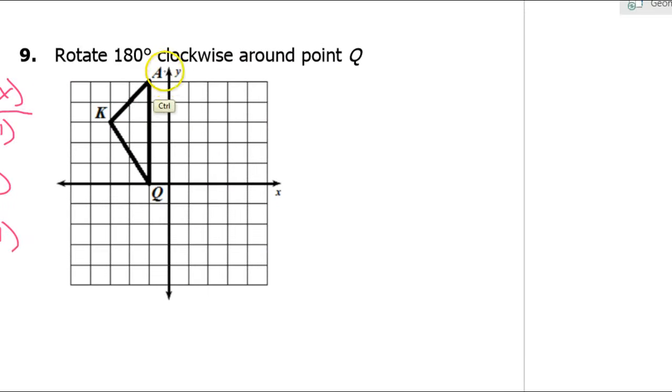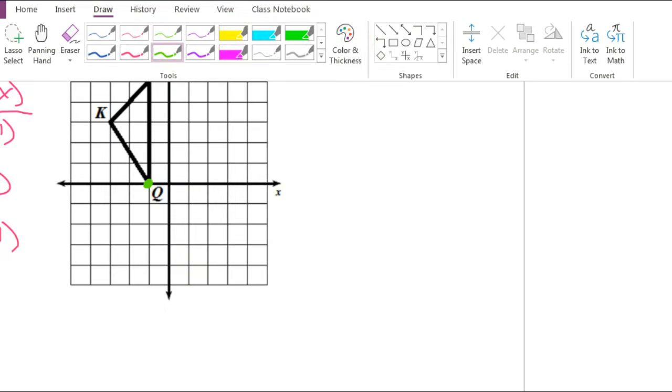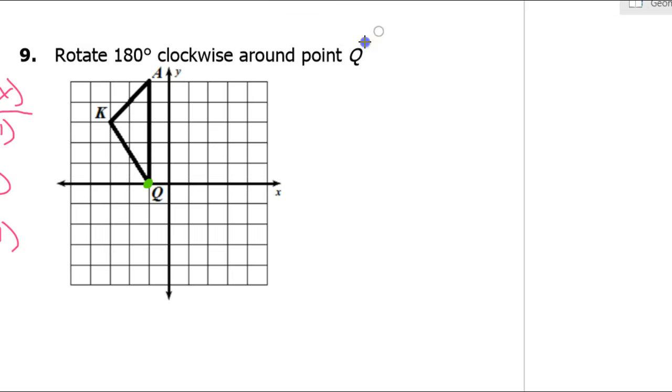How about a 180-degree rotation around the point Q? So the point Q is right here. That is not the origin, so we will pretend that it is the origin by using this for the x-axis, which actually is the x-axis, but we will use this as the y-axis for the rest of the problem.